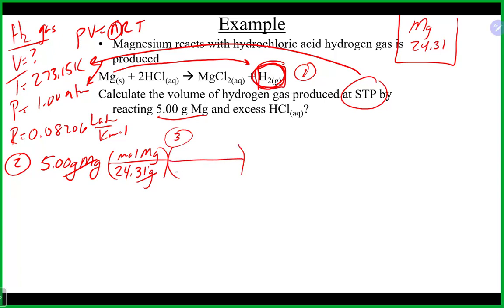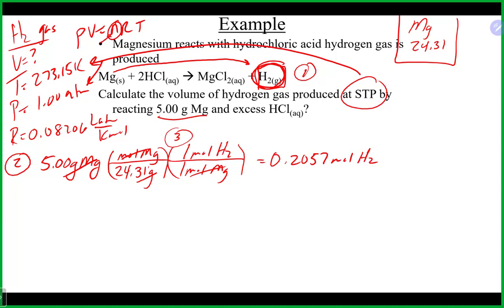And from the equation, for every 1 mole of magnesium, you get 1 mole of hydrogen. Moles of magnesium will cancel. So ultimately here we're taking 5 divided by 24.31, and that's going to get us 0.2057 moles of hydrogen.